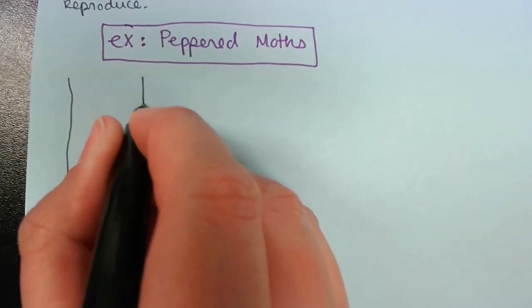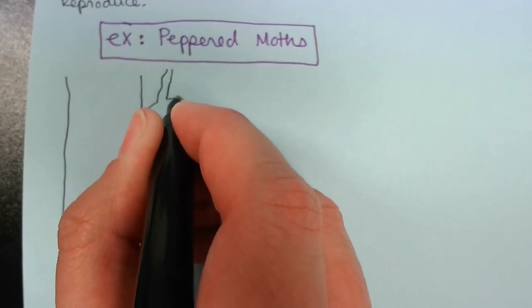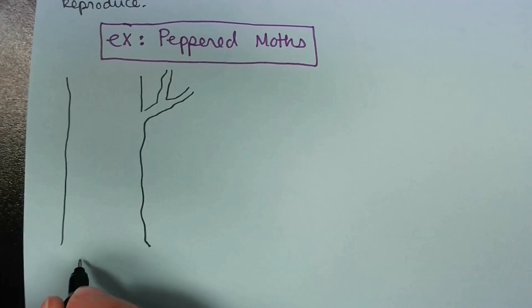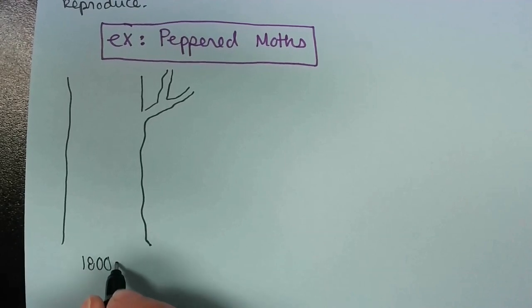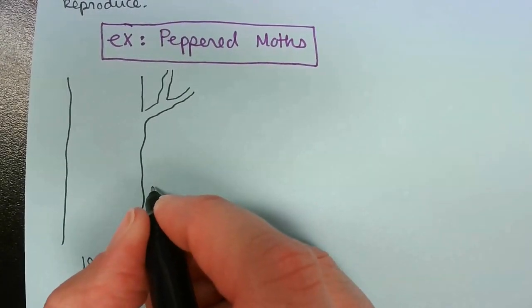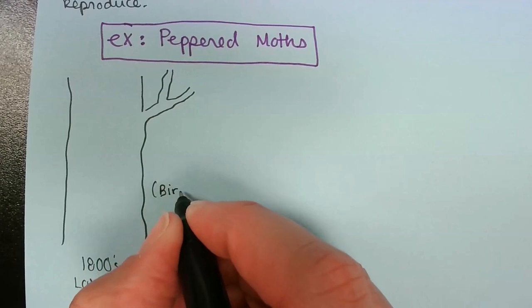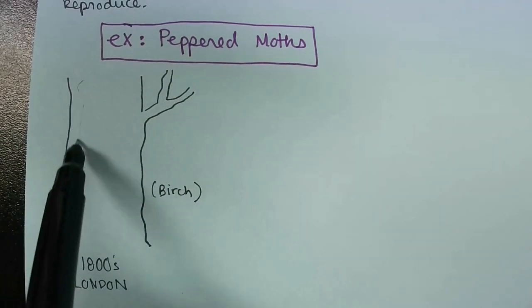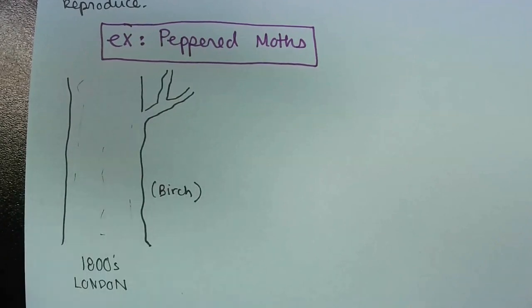Now they still actually live there today, the birch forests outside of London, England in the early 1800s. And these are birch trees, or as we were talking about in class, these are Minecraft trees to help you out. So birch trees, which tend to kind of be white with maybe a little bit of speckling on them. Not a lot. Now the peppered moths made their homes on these trees.